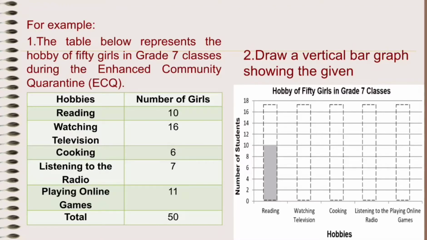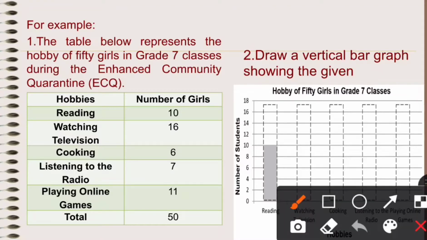Okay, so for reading, there are 10 girls. Then for watching television, there are 16. So the first one is done for you. Watching television, 16. So we will have here 16. Then you must shade your bar.